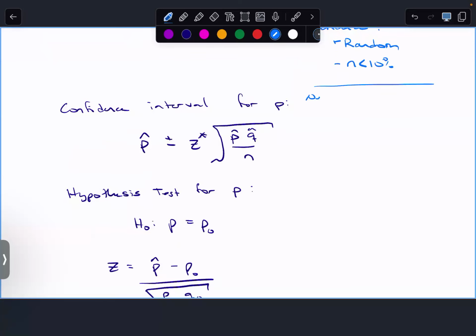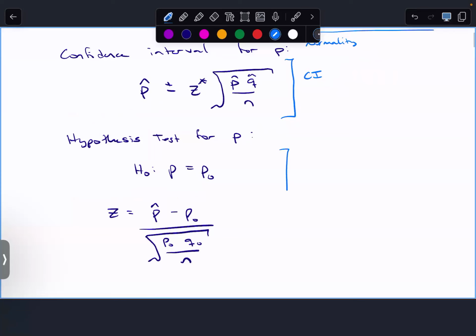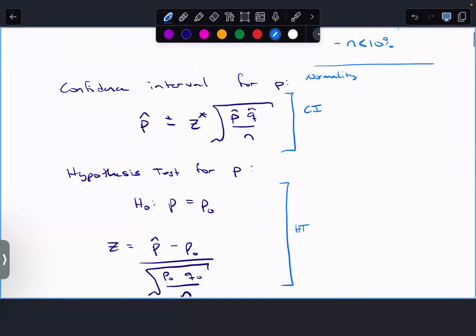For the normality condition, it depends on if you have a confidence interval or if you have a hypothesis test, which means that on a test, you would have to read ahead and figure out what it is you're going to do in order to check the correct conditions.